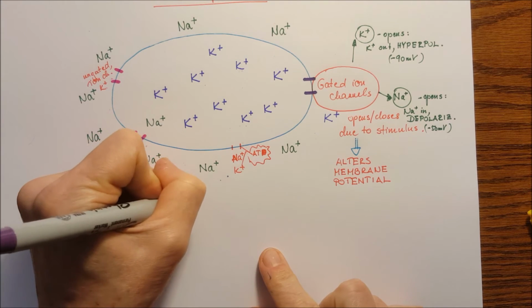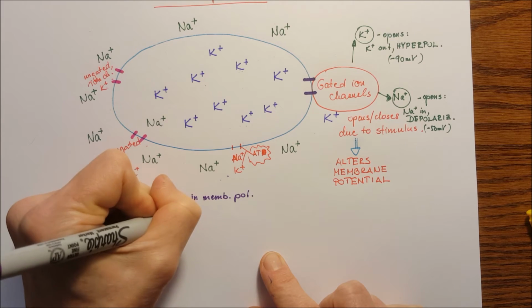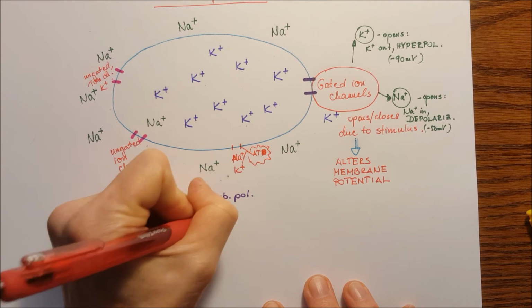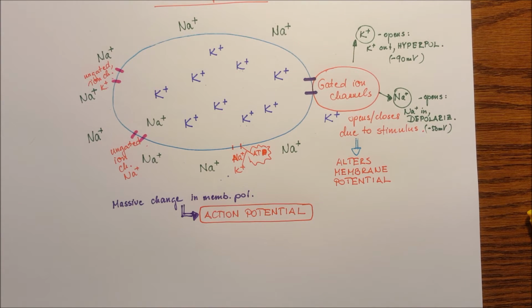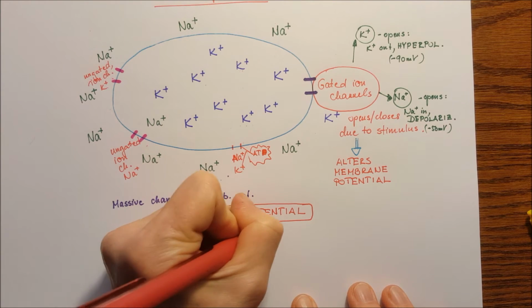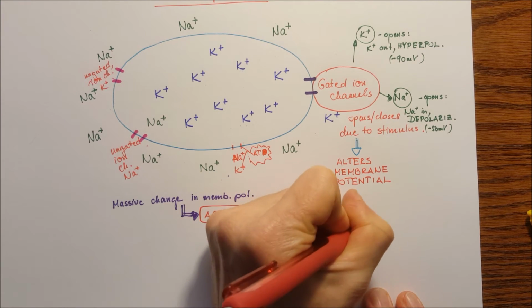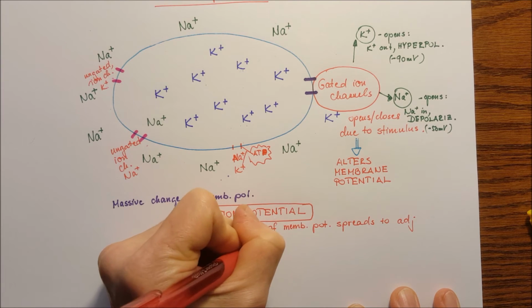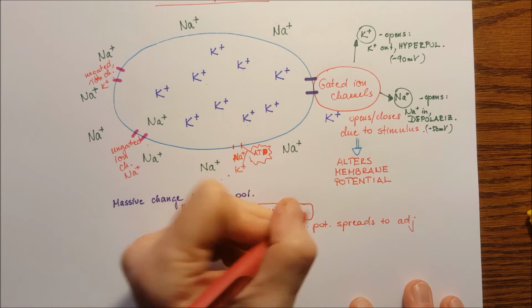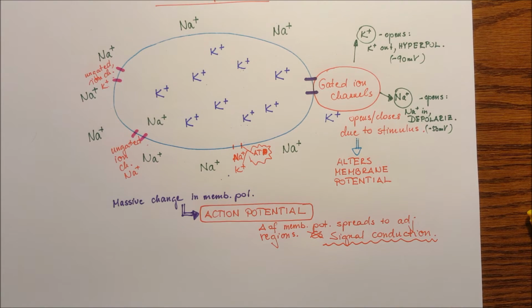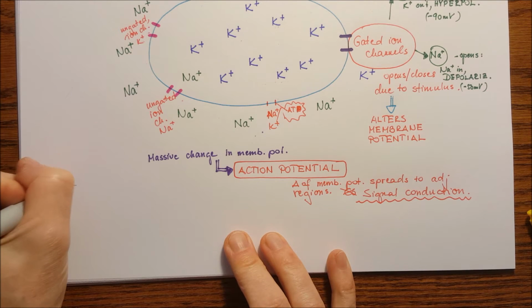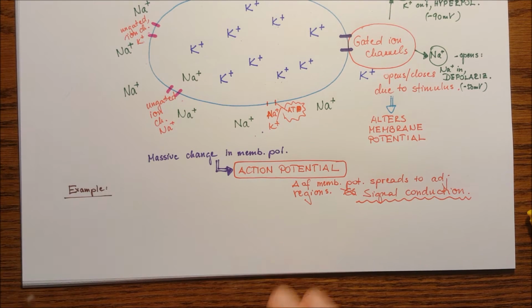If a massive change in membrane potential takes place, action potential will happen. And when action potential happens, the change of membrane potential from one place to another will happen. So the change of membrane potential starts to spread to adjacent regions. This is basically the signal conduction along the neuron, along the axon in the neuron. For example, a very fast recap of what would happen.